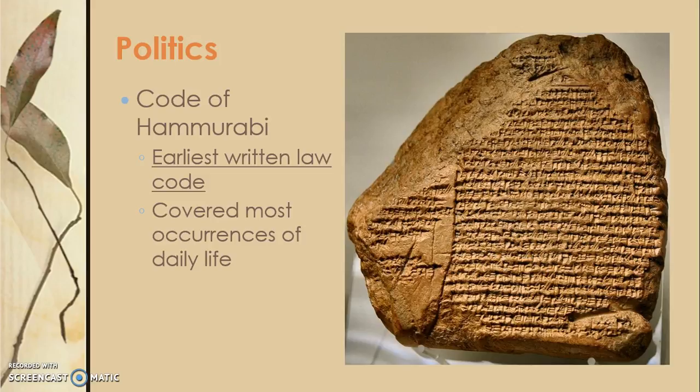It covered most of the daily occurrences that he encountered, and although when you see them in practice, because we're going to do a little role play activity on these, they might seem a little archaic. For the first time, there was actually a set of rules and consequences that were written down, and that's why they're significant.